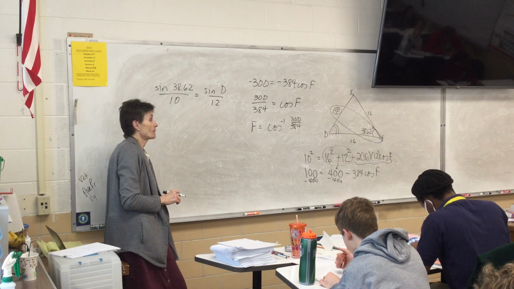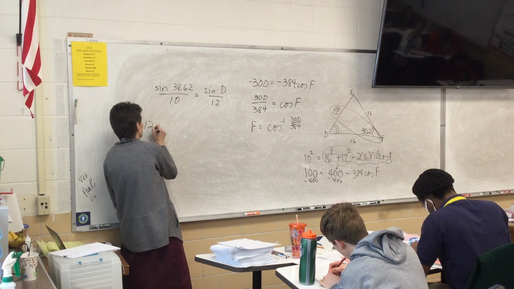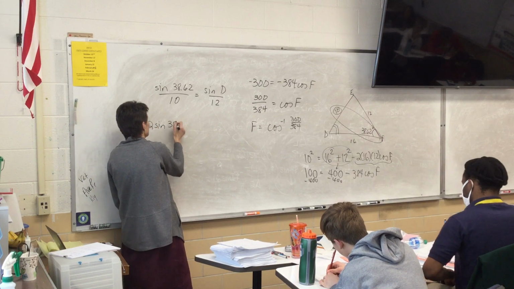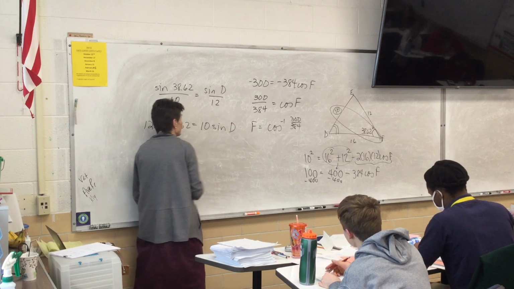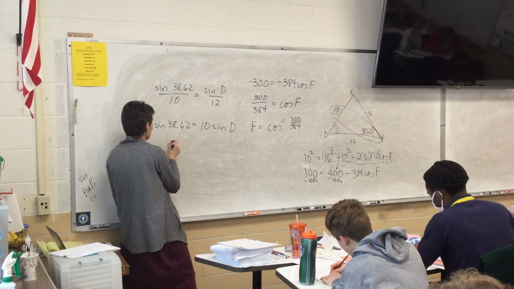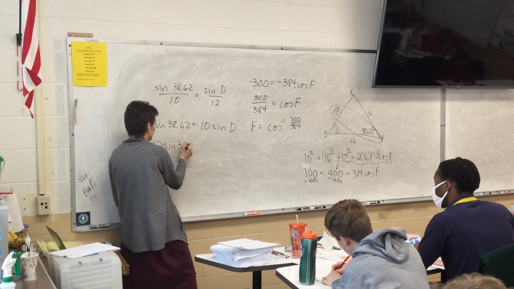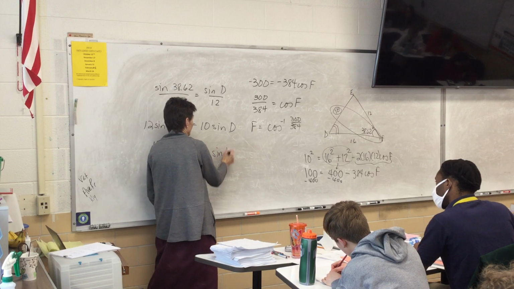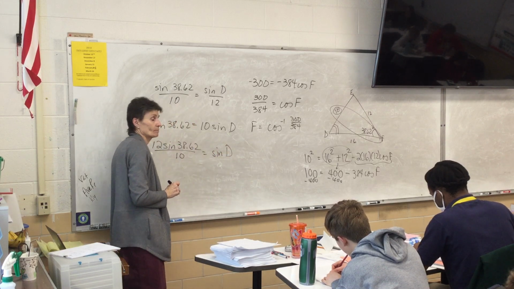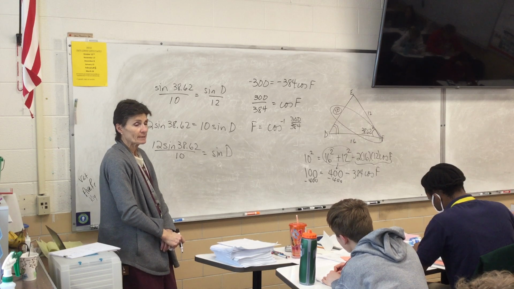Then what? Well, I gotta cross multiply first. I'm going to divide in a minute, but not until I cross multiply. And then I only divide by 10. And then what do I type in?